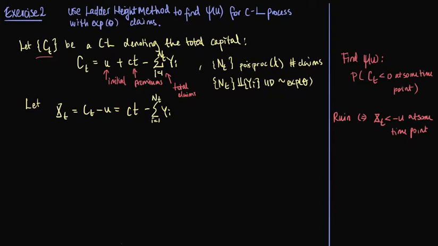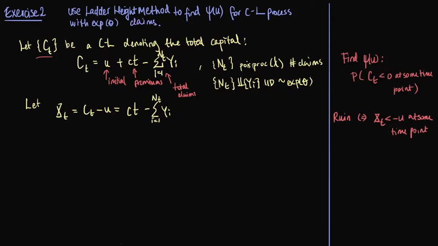So we have now expressed a slightly different way of considering ruin. Instead of considering the total capital being smaller than 0, we now consider ruin as the event that X goes below minus u at some time point.